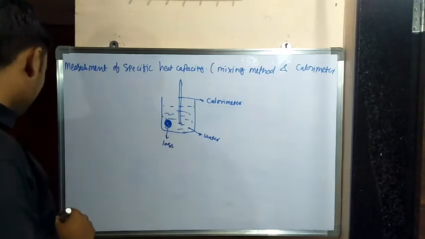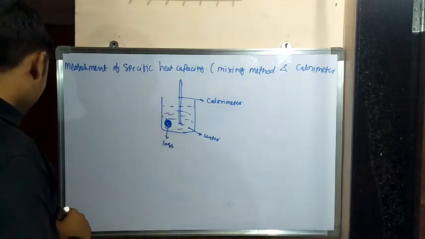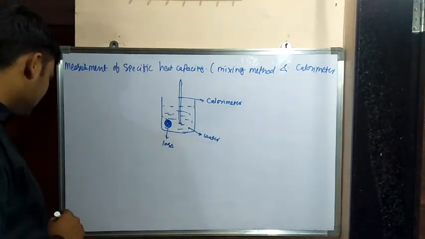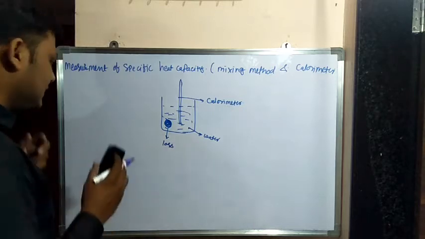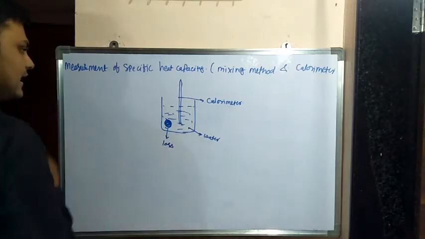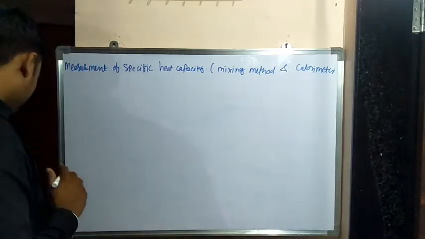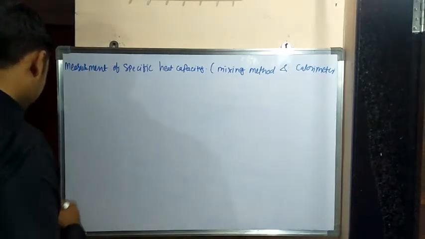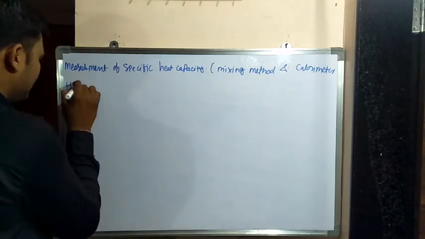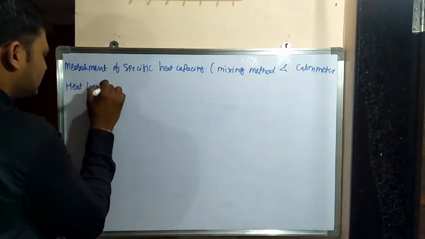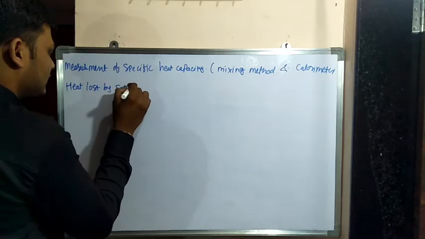So to study this further, we have to apply some rules. First is Q, the heat lost by the solid object.